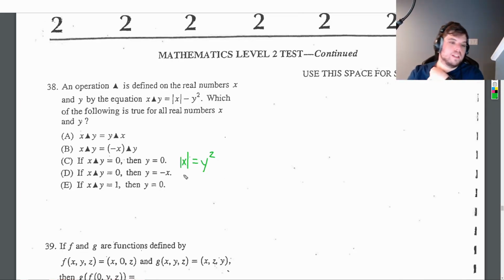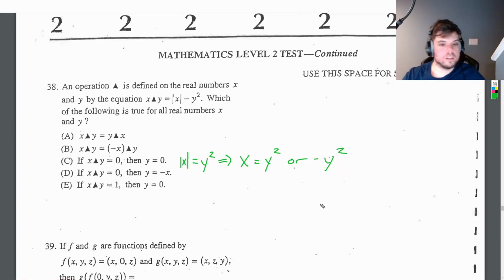If x triangle y equals 0, then absolute value of x equals y squared, which means that this implies that x equals y squared or x equals negative y squared.